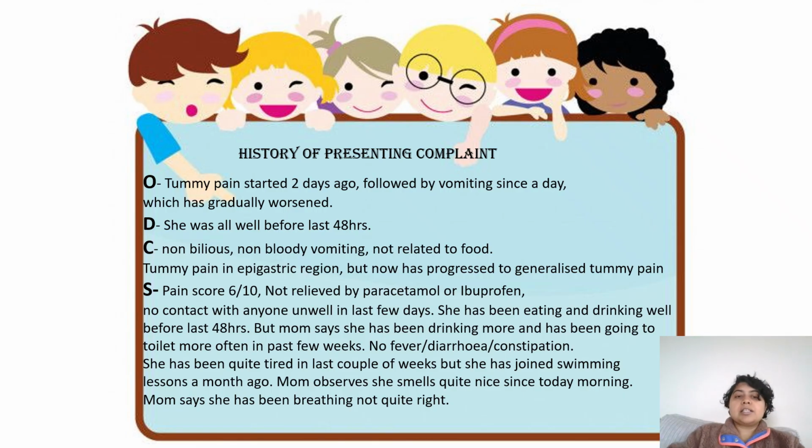Based on this, the things we can think of are acute gastroenteritis, DKA with undiagnosed type 1 diabetes, appendicitis, or a UTI. These could be our differentials based on the history given so far.